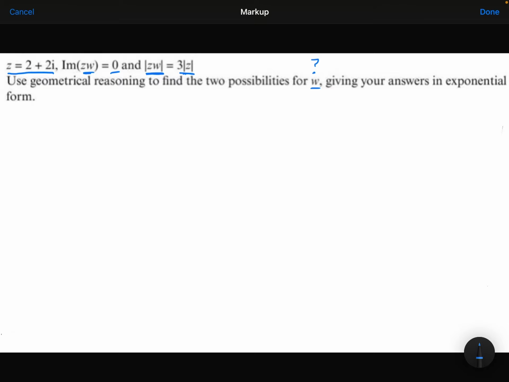So, the modulus of z, let's work that out, because I know that z is equal to 2 plus 2i. The modulus of that is going to be 2 squared plus 2 squared, square rooted. So that's going to give me 2 root 2.